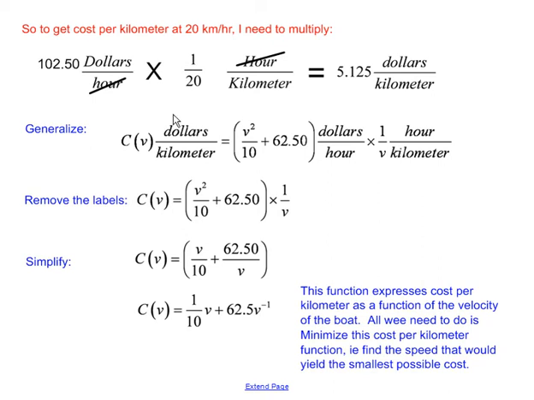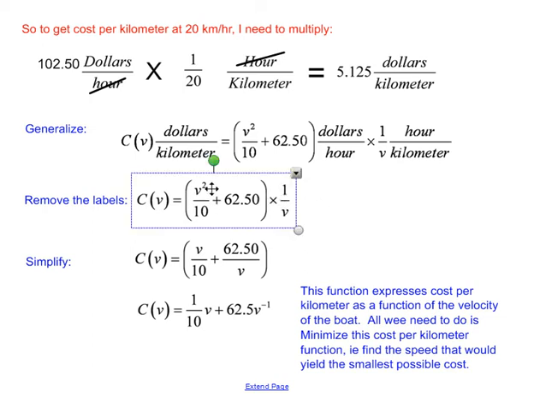So here's what I can do. Looking at just the labels, the cost, which will depend on my velocity, measured in dollars per kilometer, can be calculated by v squared over 10 plus 62.50, the given information in dollars per hour, multiplied by 1 over v, hours per kilometer. If you strip away the labels, you get the equation v squared over 10 plus 62.50 times 1 over v.